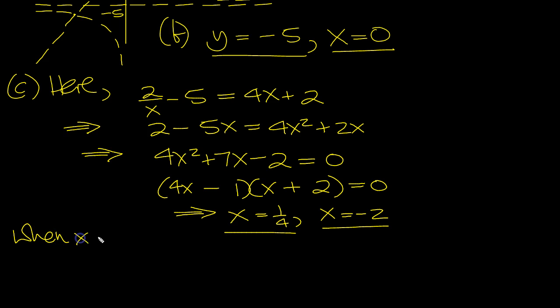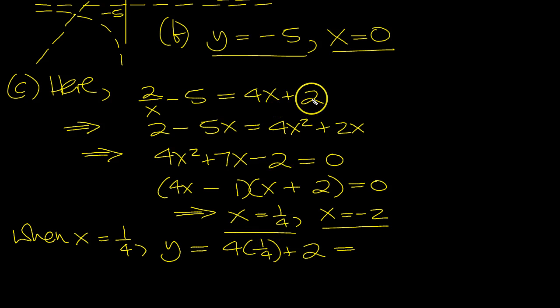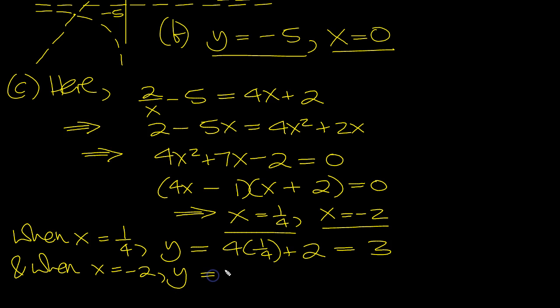So when x equals 1 quarter, y is equal to, let's use the equation 4x plus 2. 4 times a quarter plus 2. 4 quarters plus 2, that's 1 plus 2 is 3. And when x equals minus 2, y is equal to 4 times minus 2 plus 2, isn't it?